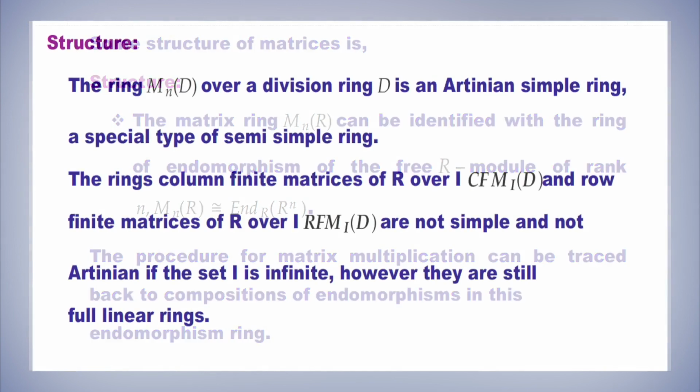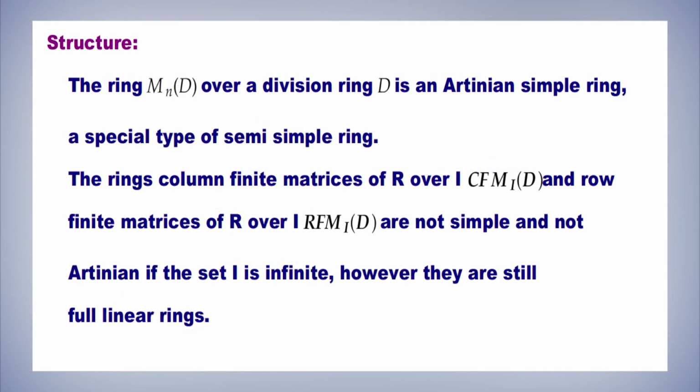The ring Mn of D over a division ring D is an Artinian simple ring, a special type of semi-simple ring. The ring of column finite matrices of R over I and row finite matrices of R over I are not simple and not Artinian if the set I is infinite.